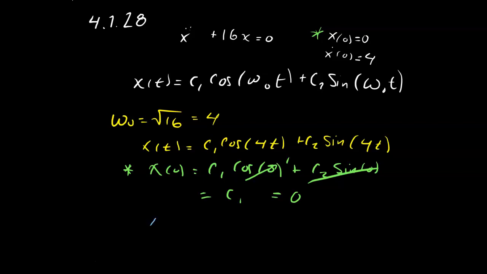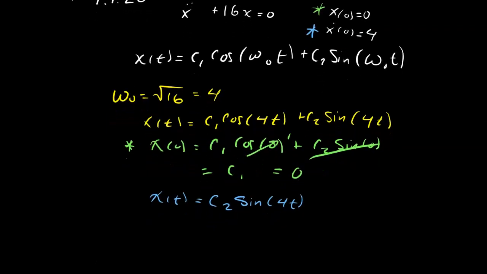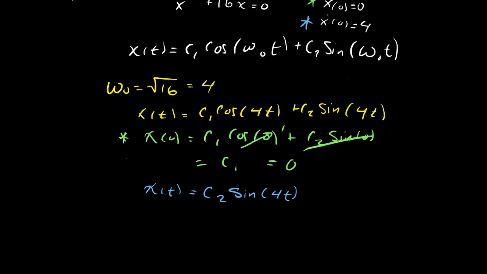Hence, our solution progresses. Now we could say our solution has been determined to just be c2 times the sine of 4t. That's where we are now. In order to find the second arbitrary constant, we want to use this, but that would require taking a derivative. So let's do that. So x dot will be 4 times c2 cosine of 4t.